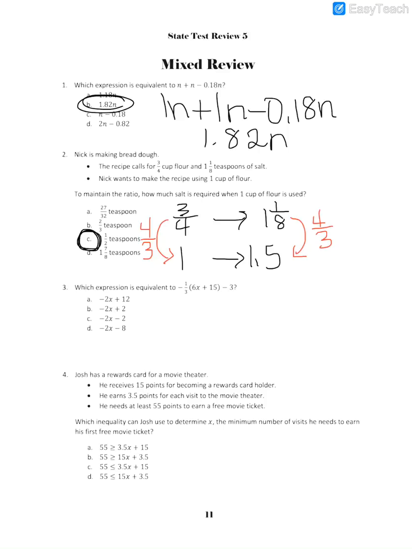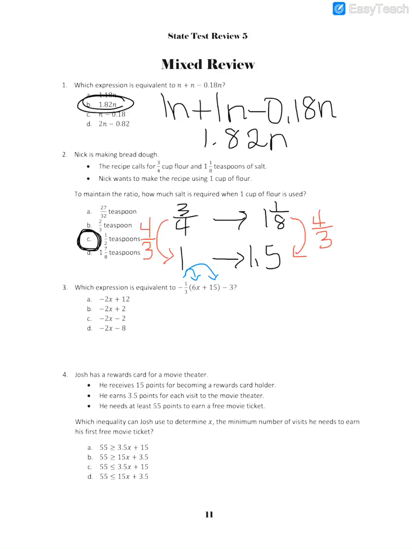All right, number 3, which expression is equivalent? Okay, so we just need to basically simplify this. First thing I want to do is distribute the negative 1/3. I don't need my calculator for this because I know that multiplying by 1/3 is the same as dividing by 3.